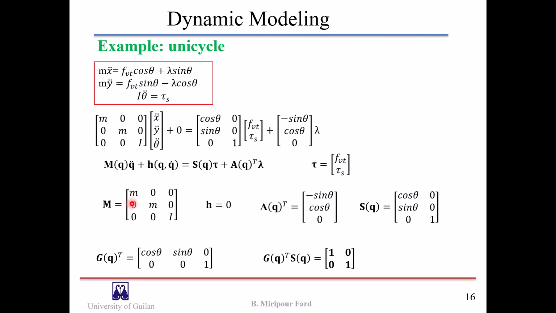M is a 3 by 3 matrix, H is 0 here, and A is the constraint matrix. We know that from the kinematics, and S, or input distribution matrix, is a 3 by 2 matrix, and we can also obtain from the kinematics the G matrix, and as you can see, G transpose times S equals an identity matrix.